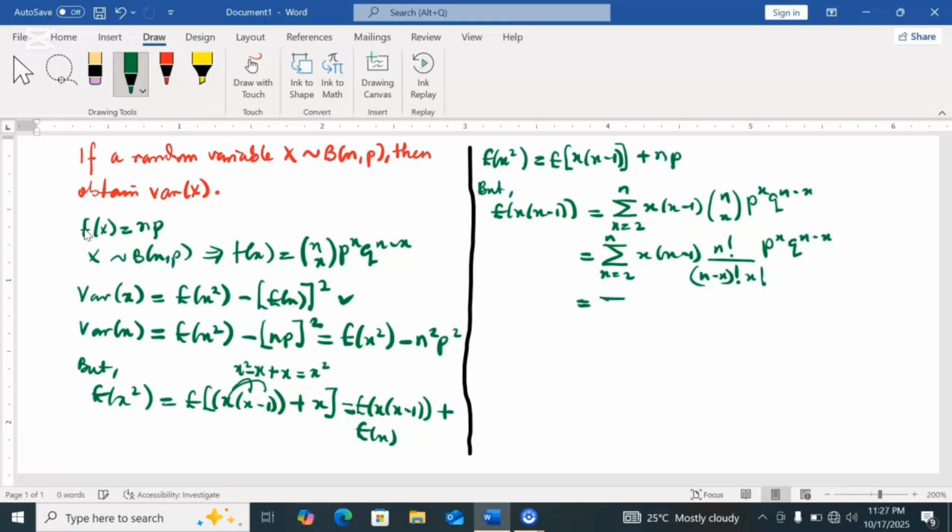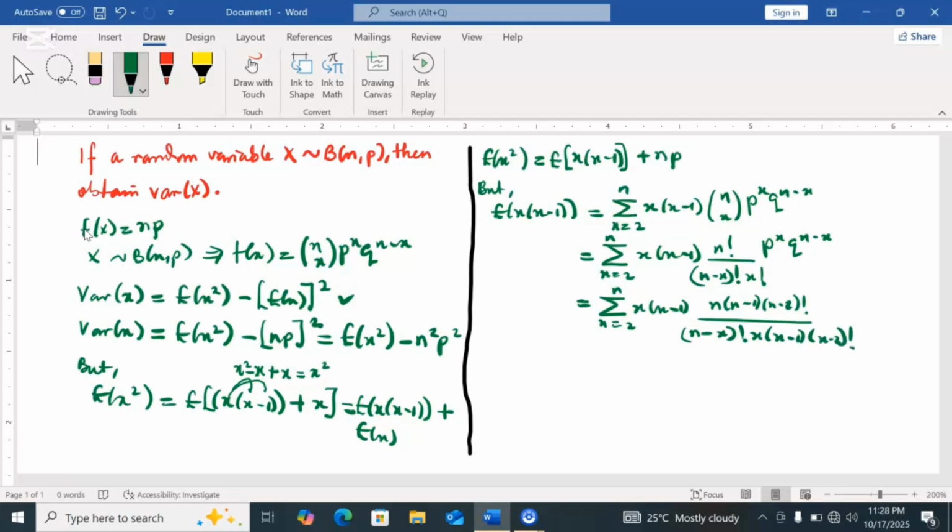Next, I'm going to do this summation from x equals 2 to n of x times x minus 1. Then I'm going to expand this to get n times n minus 1 times n minus 2 factorial. You can now see why I'm starting my iteration at 2 and terminating at n. Then this will be n minus x factorial retained, x times x minus 1 times x minus 2 factorial.